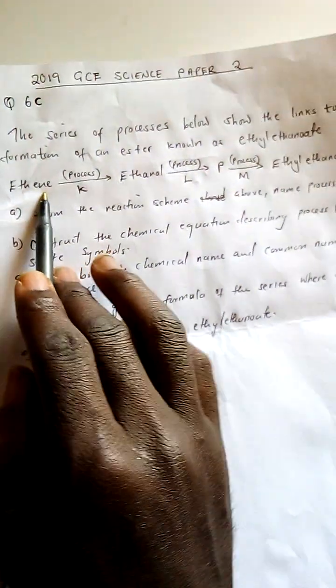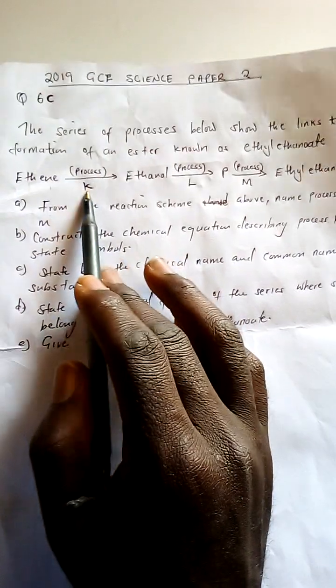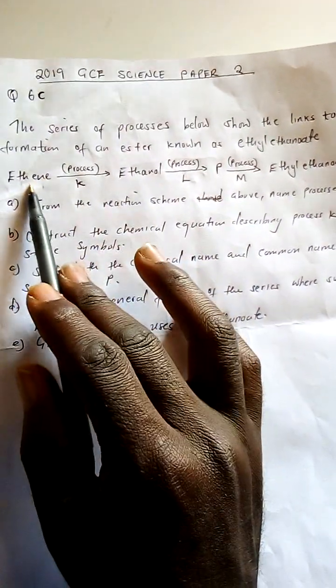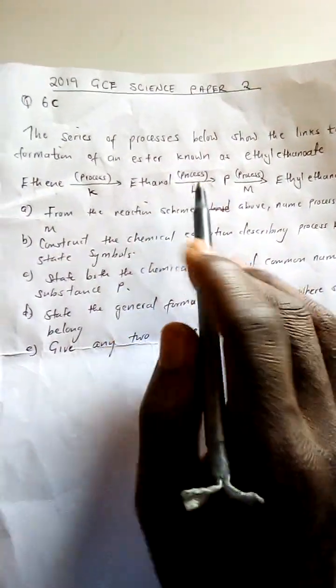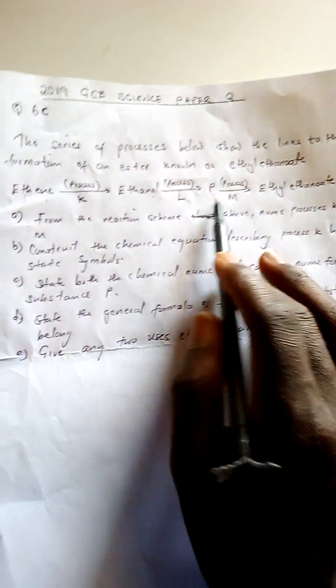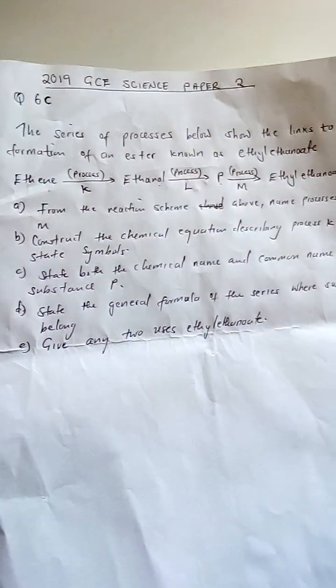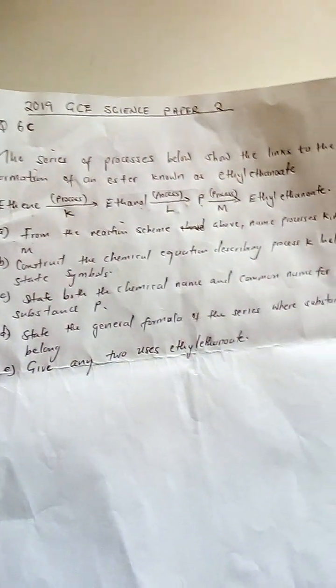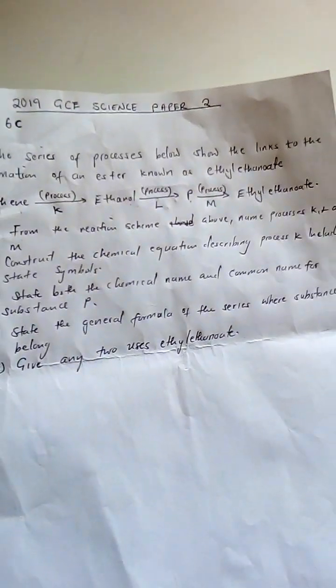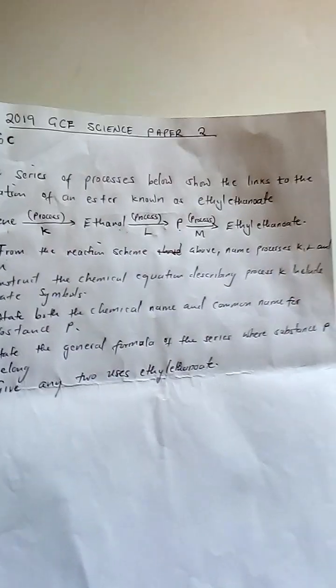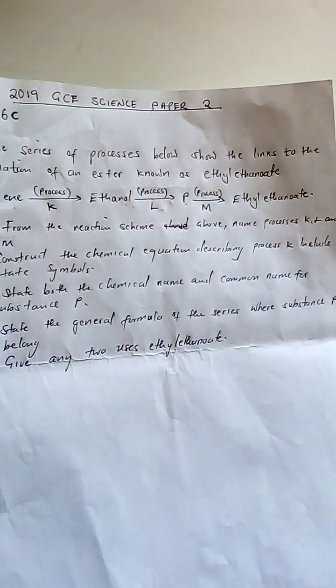We have ethene, then from ethene to ethanol, then from ethanol to P, then from P to ethyl ethanoate. So now, what are we supposed to know? This topic is coming from organic chemistry.